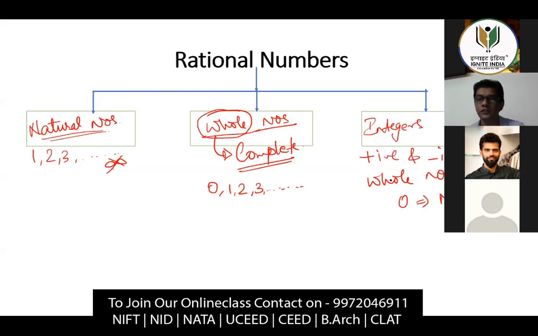So integers is what we usually draw in a number line. Remember, 0 यहाँ पे आएगा, 1, 2, 3 all on the right hand side, -1, -2, -3 all on the left hand side. So 0 becomes neutral, where I have negative on the left and positive on the right, and thus it becomes integers.